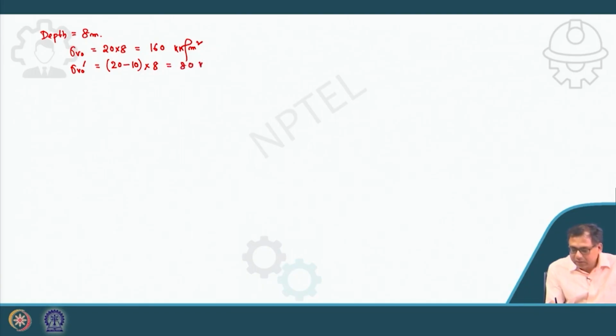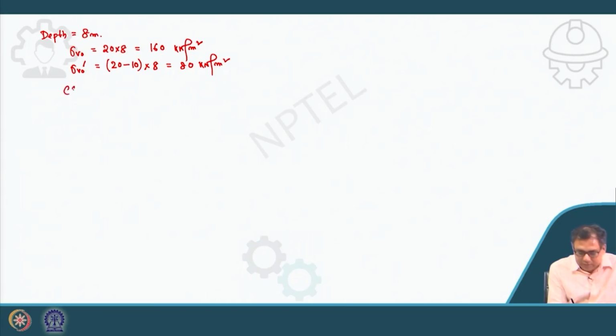So now at 8 meters, sigma V0 is equal to 20 into 8, so that is 160 kilonewton per meter square. And sigma V dash is equal to (20 minus 10) into 8, that is equal to 80 kilonewton per meter square.